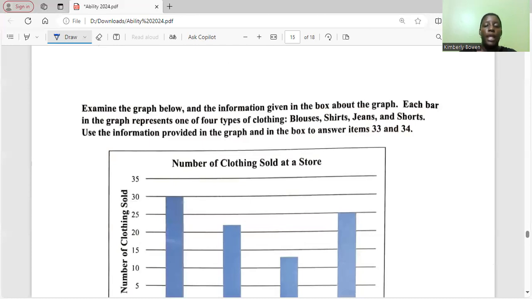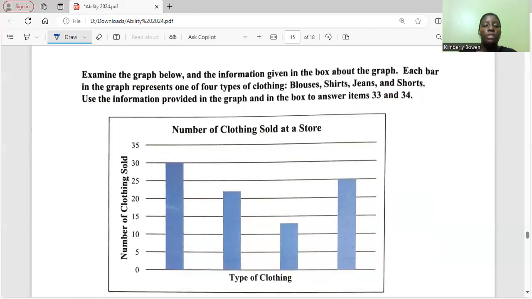Examine the graph below and the information given in the box about the graph. Each bar in the graph represents one type of clothing: blouses, skirts, jeans, and shorts. Use the information provided in the bar and in the box to answer items 33 and 34.